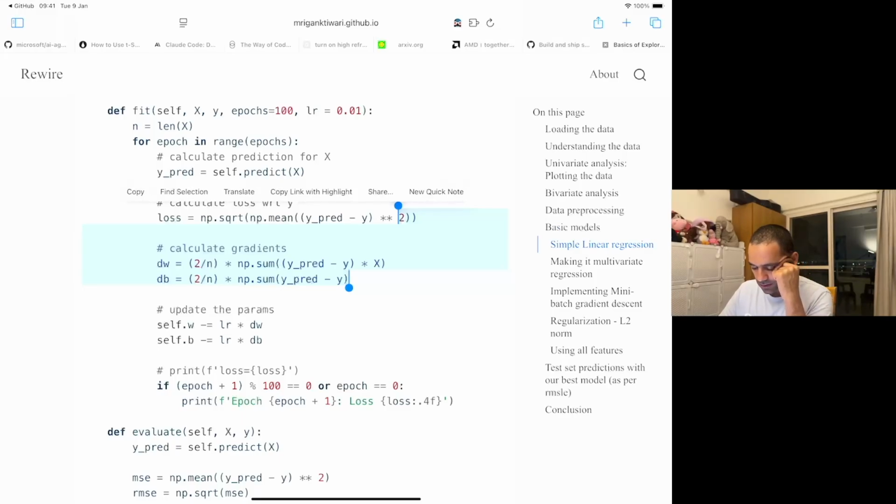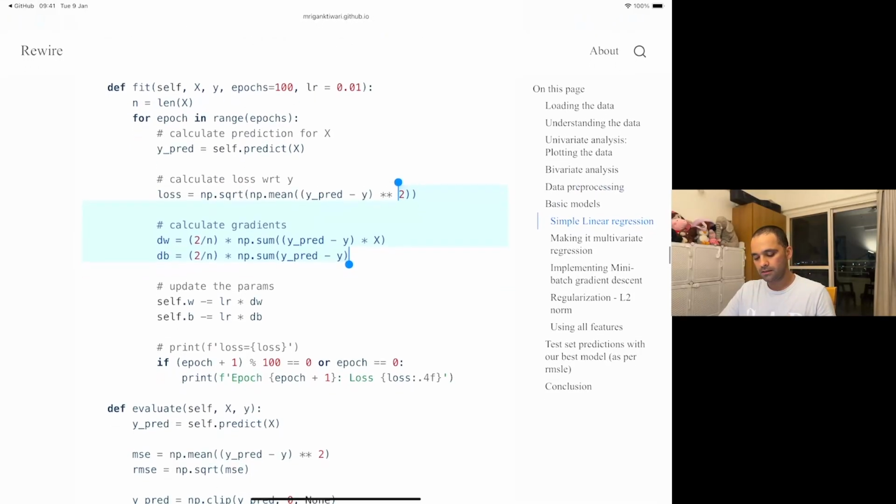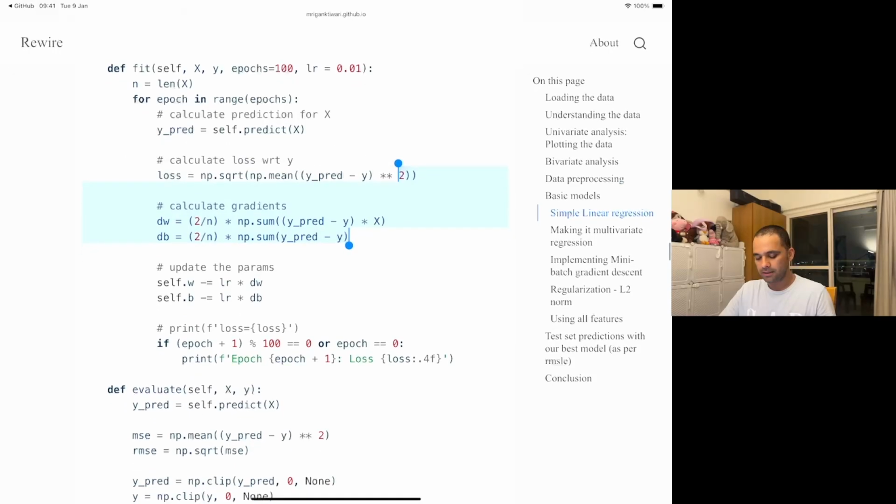That is all element-wise multiplication and subtraction happening. So I hope it is clear, and we have mathematically derived the gradient calculation for simple linear regression.